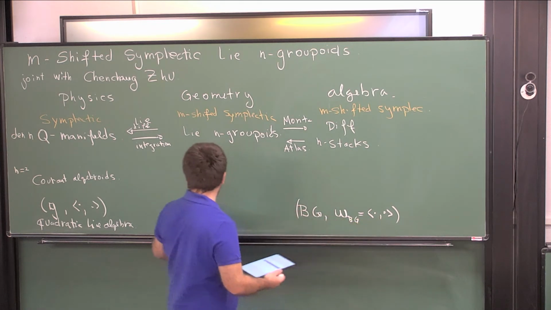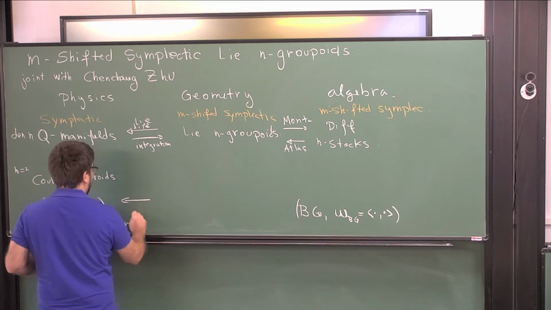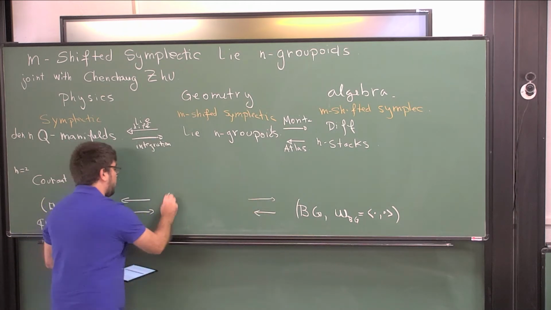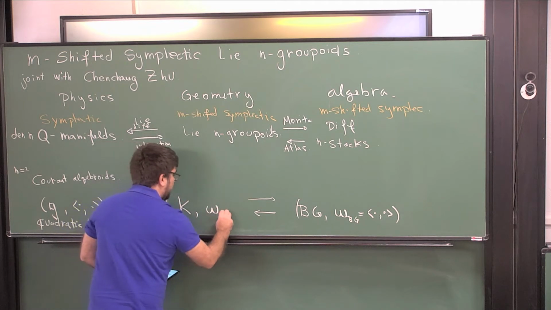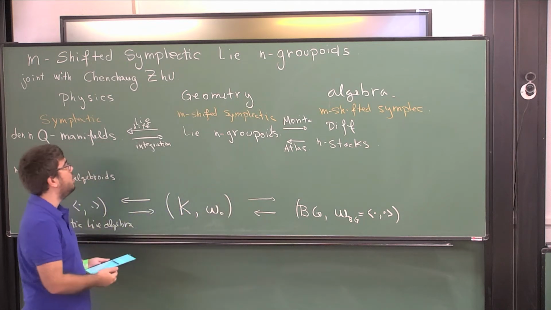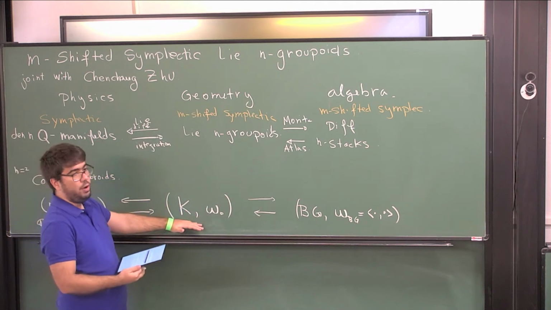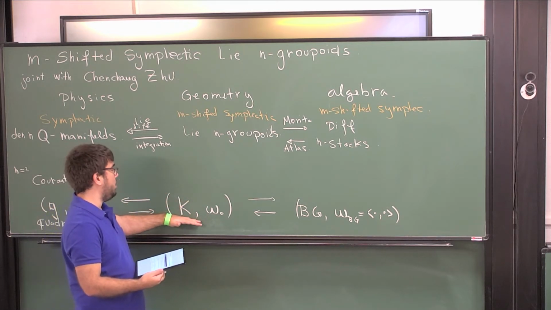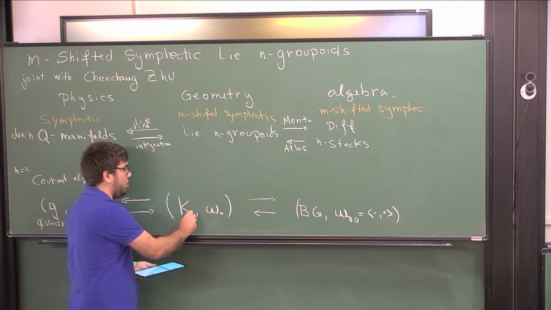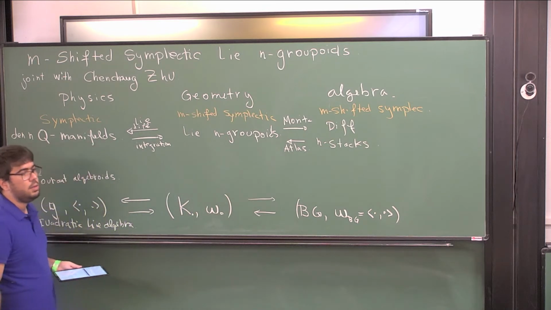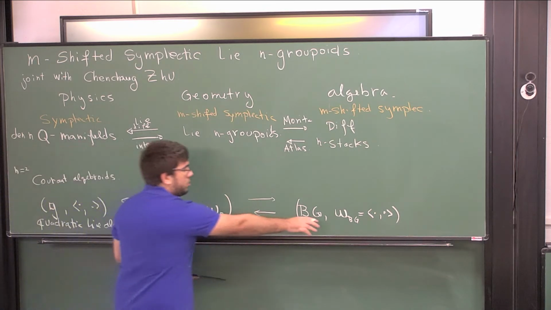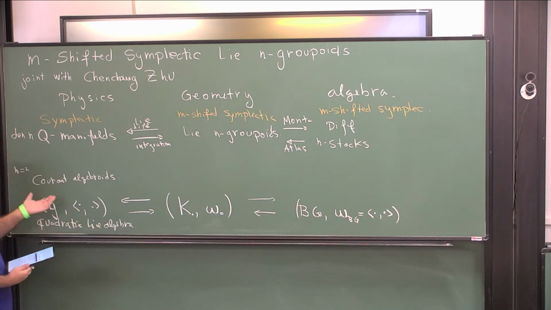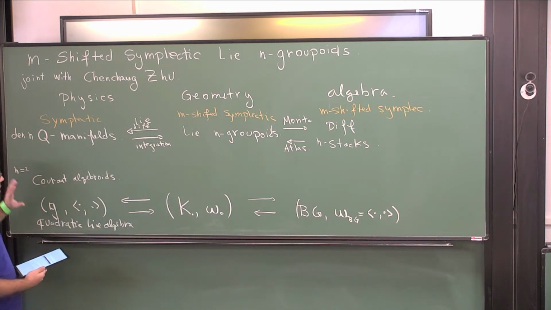And the idea is what should you put here in the middle, and what we will construct is three Lie 1 or Lie 2 groupoids that fit here in the middle, and the point is that all of them will be symplectic Morita equivalent. So all of them codify this shifted symplectic stack, and at the same time, all of them should differentiate to this quadratic Lie algebra.